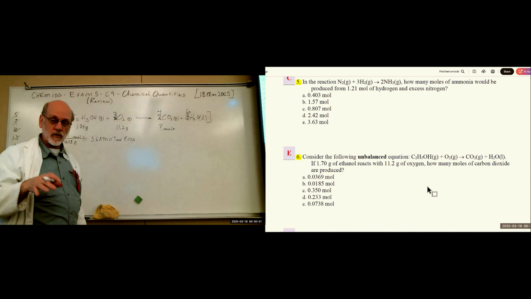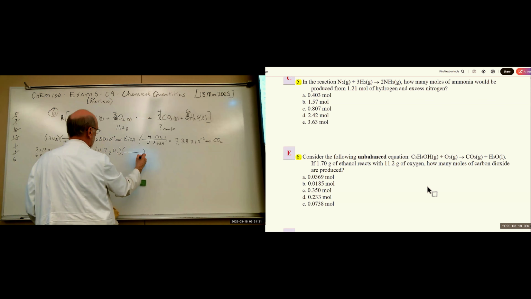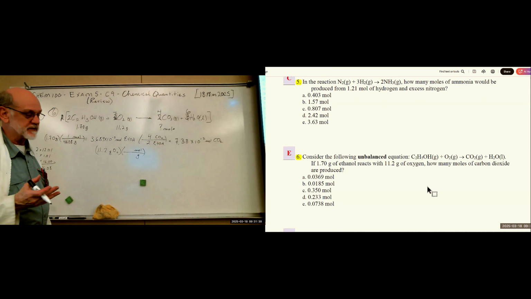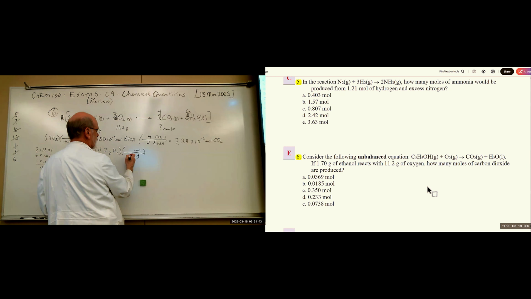Okay. Now we'll do the same thing with oxygen. We have 11.2 grams of oxygen, and we need to convert it to moles. Oxygen is 16 to 2 decimal places, but we have 2 of them. So the molar mass of diatomic oxygen is 32.